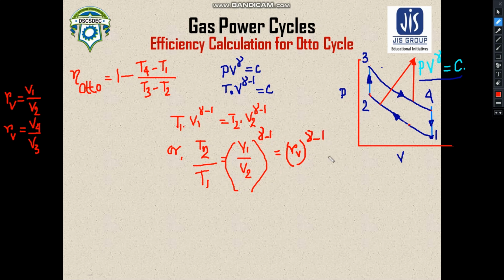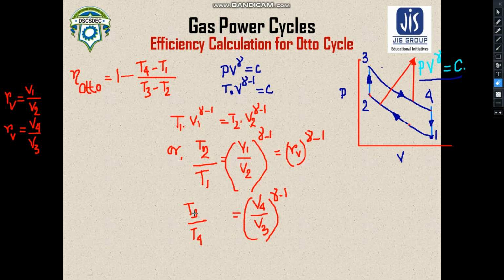Again, if we express this relationship for the process 3 to 4, what will happen? I'm not writing the fundamental equation, I will directly write it. It will be V4 by V3 to the power gamma minus 1. So obviously it will be T3 divided by T4, because this is your relation.